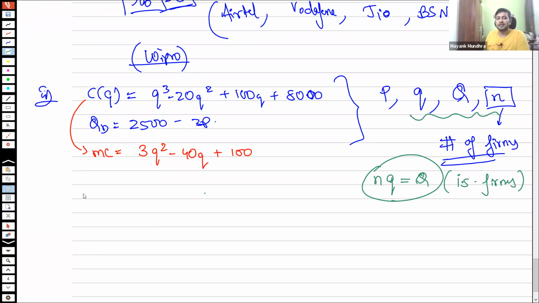Now, the next thing I want to do is that the profit of each firm must be equal to zero. Price is equal to marginal cost because it's a competitive market.